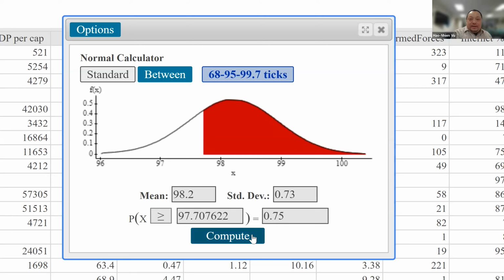And that's how you got the 97.7. But look at it, right? This one has 25% on this side and 75% on that side. That's a 2. And that makes it the first quartile, not the third quartile. Okay, we're looking for the third quartile.